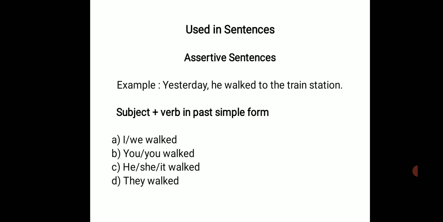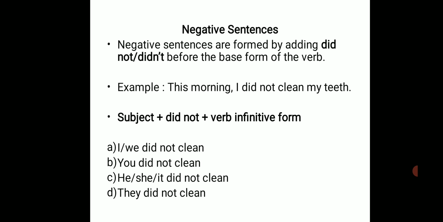This is how the structure of simple past tense is very simple, in the sense subject, verb in its second form, V2, past form, and object. There can be an object, no doubt. And how do we make it negative in past tense? By adding did not before the verb.